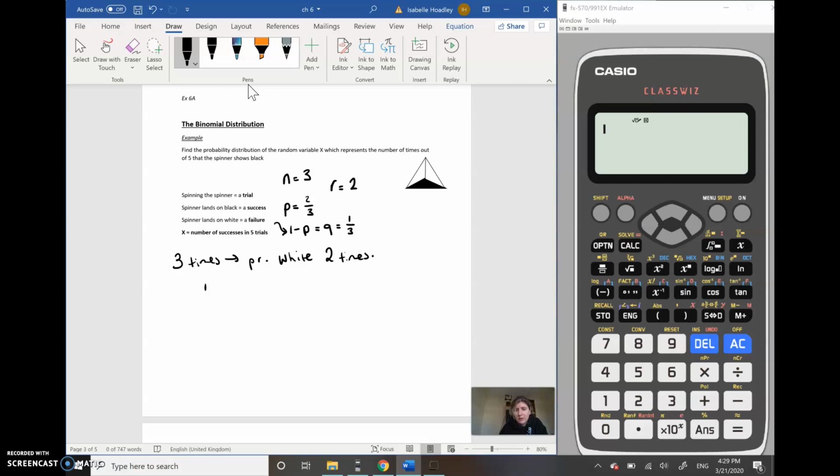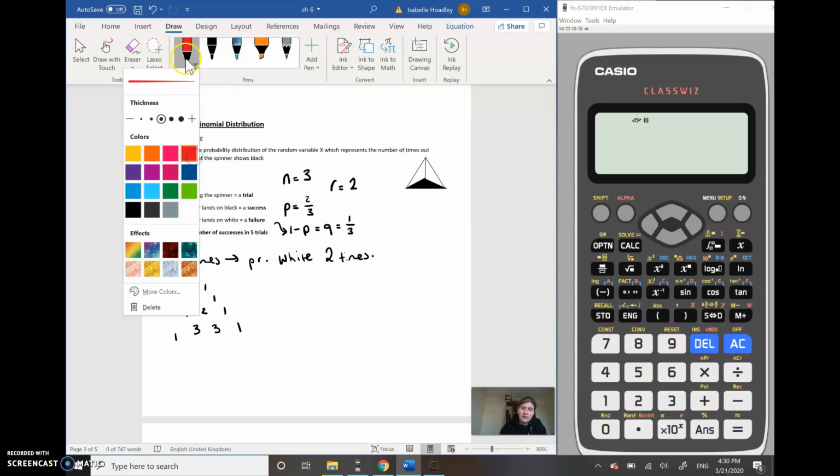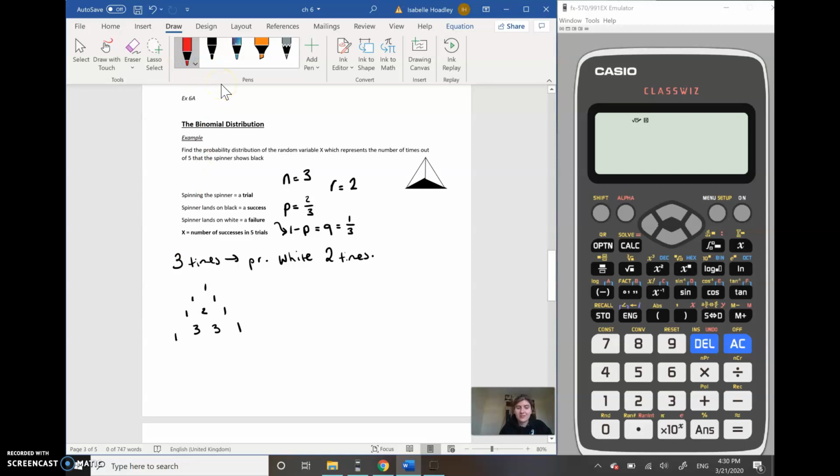When we're looking at the binomial distribution, we can draw out Pascal's triangle: 1, 1, 1, 1, 2, 1, 1, 3, 3, 1. Taking successes going from left to right, this would be 3 successes.